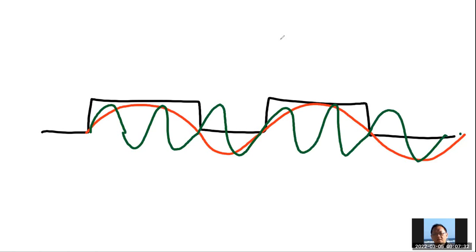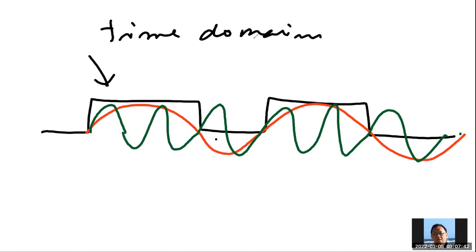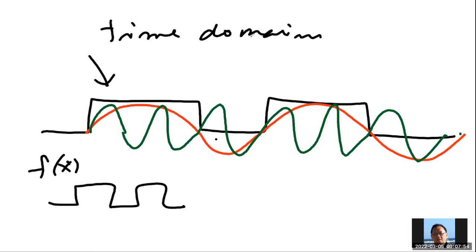So the black one is the time domain signal. And the red one and green one are the frequency domain signals. Here, let's assume that your original signal is f of t, a function in time.